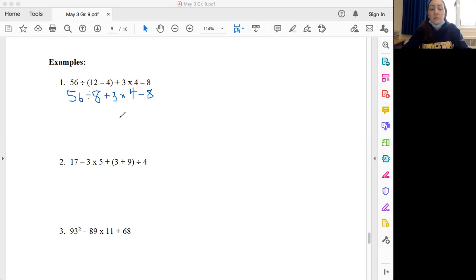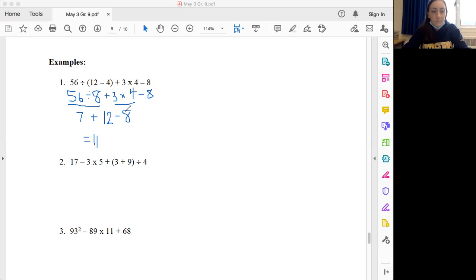Then you can do multiplication or division. If we look at divisions, we have a division here and we have a multiplication here. So 56 divided by 8 is 7. Then you're going to write plus, and you're going to do 3 times 4. So 3 times 4 is 12 minus 8. And then you're going to do the addition and subtraction. So 7 plus 12 is 19, and then minus 8 will give us our answer of 11.